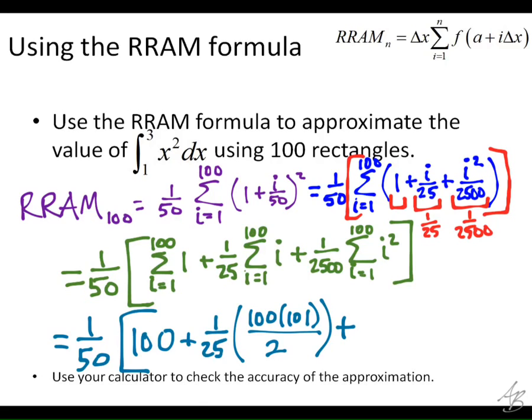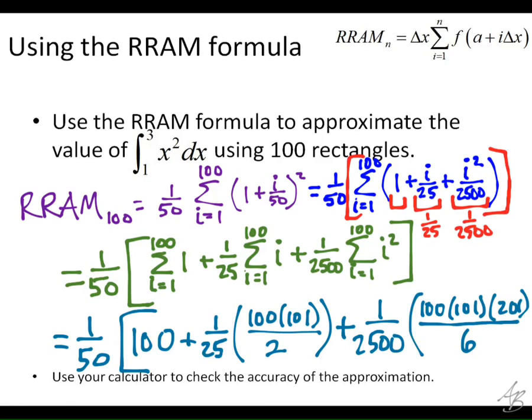Plus 1 over 2500. Now we're going to use the i squared formula, which I don't know off the top of my head: n times (n plus 1) times (2n plus 1) divided by 6. So n is 100, times n plus 1, times 2n plus 1, divided by 6.